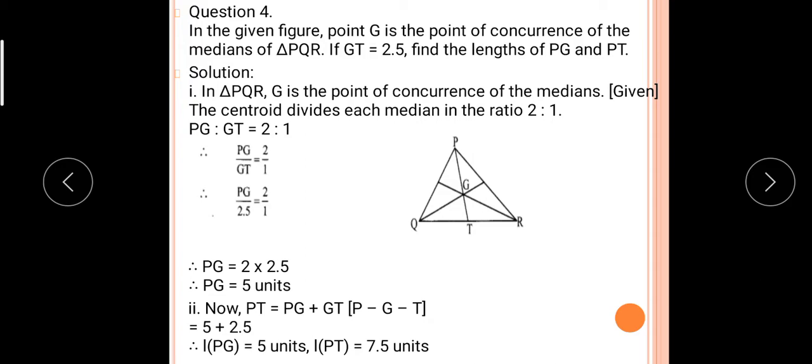GT is equal to 2.5, so PG upon 2.5 is equal to 2 by 1, and therefore PG is equal to 5 units. Now PT is equal to PG plus GT. PG is 5 units and GT is 2.5, so the length of PT is 5 plus 2.5, that is 7.5 units.